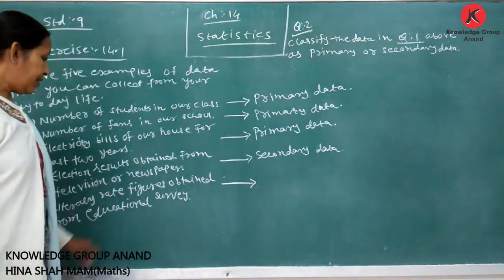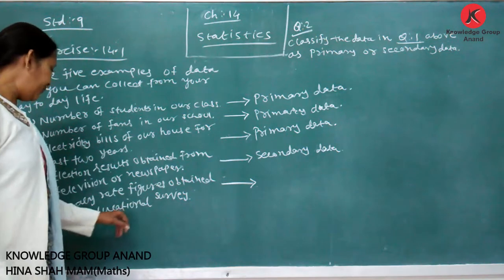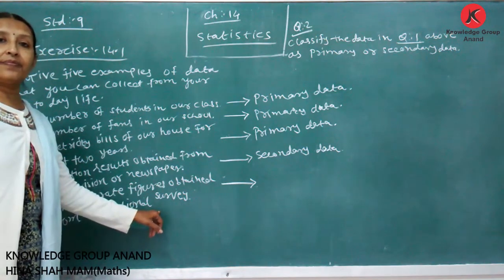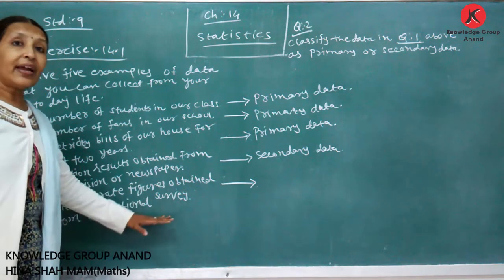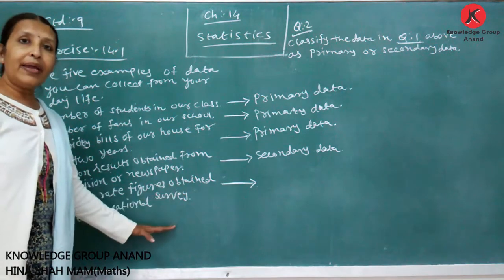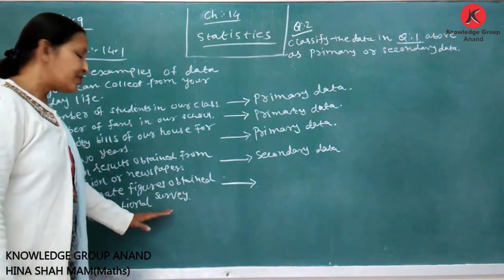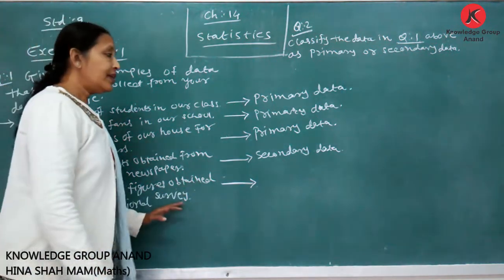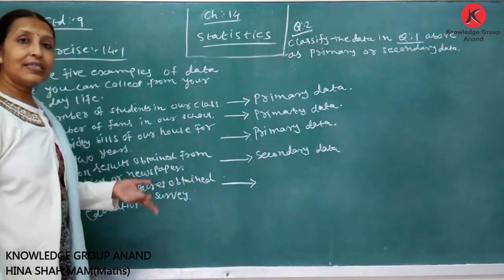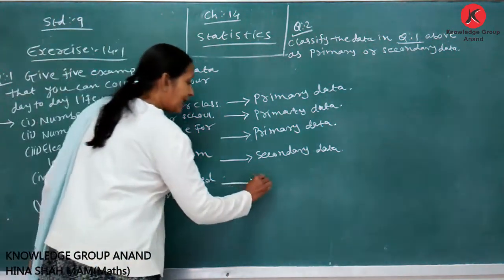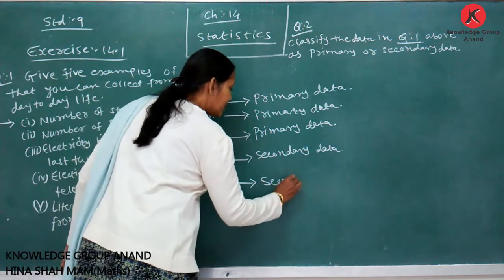Number 5, literacy rate figures obtained from an educational survey. Not collected by me, not collected by us; it is collected by an educational survey. Therefore, we know this as secondary data.